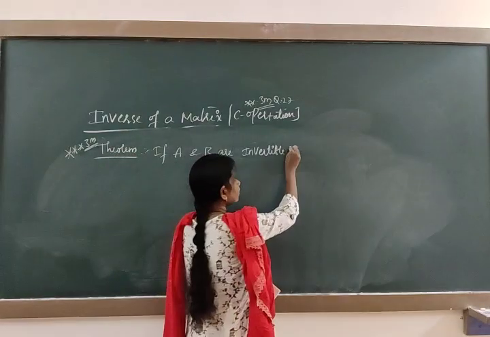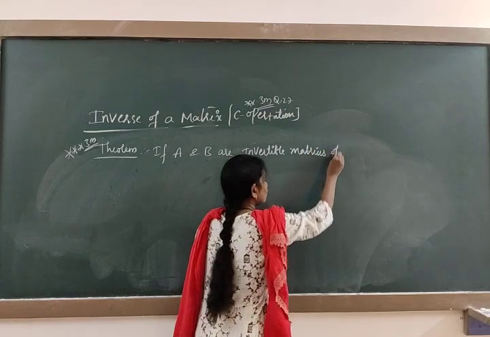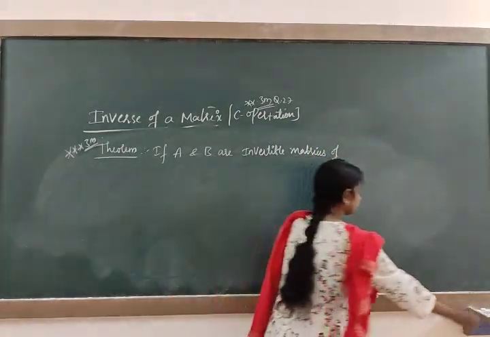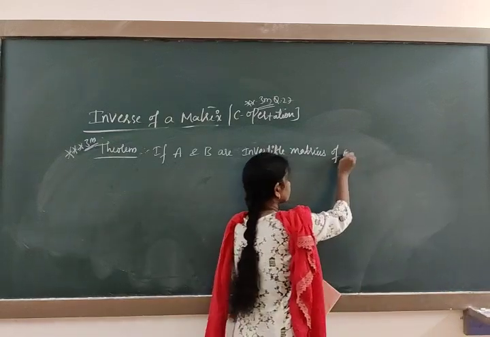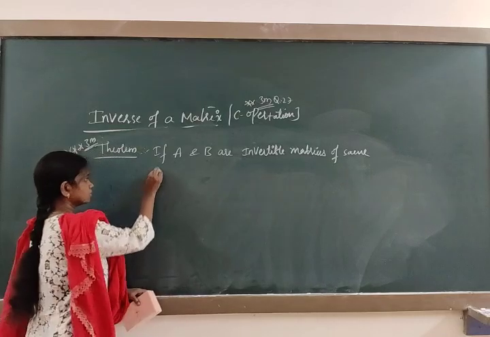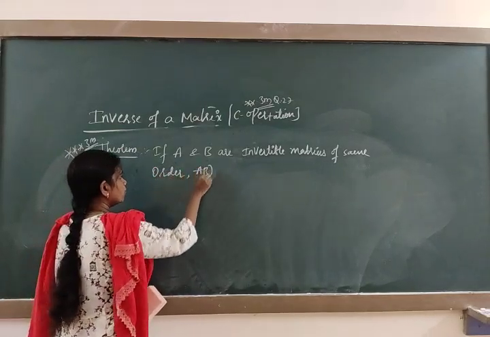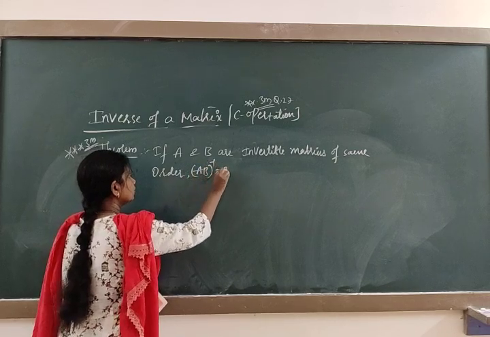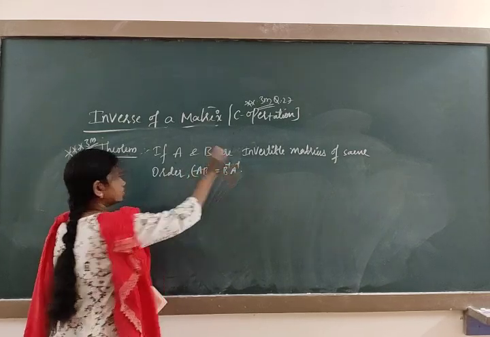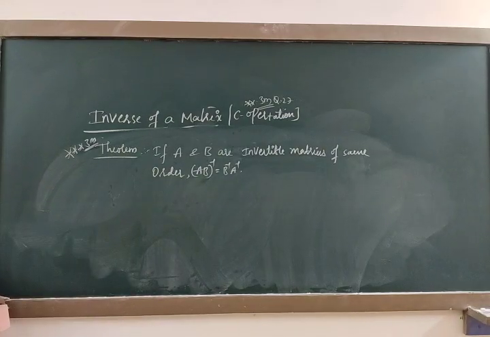If A and B are invertible matrices of the same order, then AB whole inverse is equal to B inverse into A inverse.